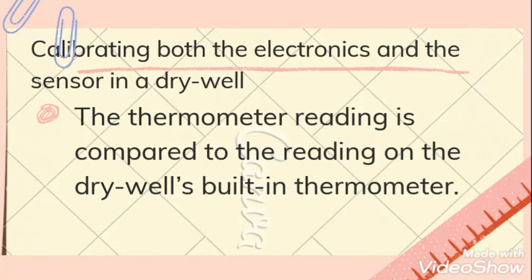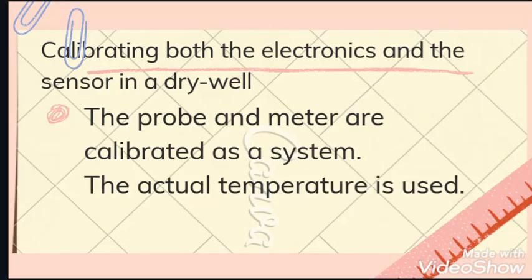The sensor reading is compared to the reading on the dry well's built-in thermometer. We will compare our sensor output with the inbuilt thermometer, and then we will check what is the difference and what is the error. The probe and meter are calibrated as a system.